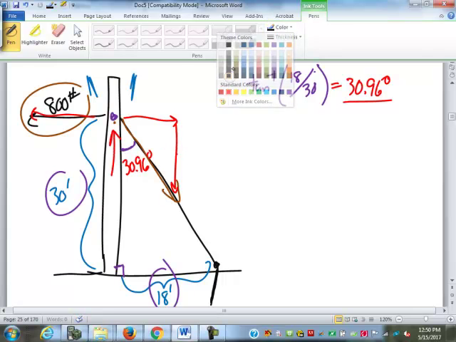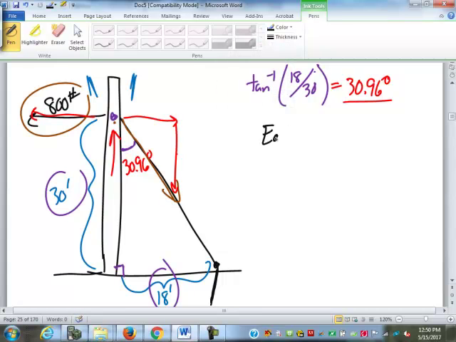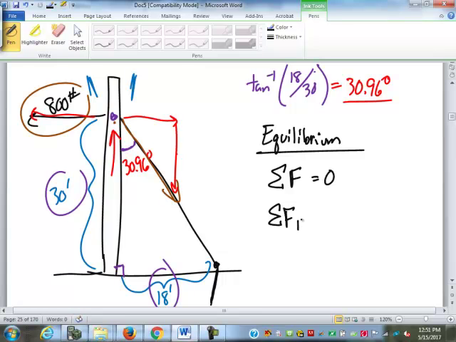One of the basic rules of vectors and something called equilibrium is the sum of the forces equals 0. To do that, we generally break it down to the sum of the horizontal forces, F with little h, equals 0, and the sum of the vertical forces equals 0.